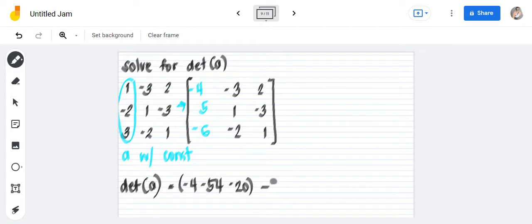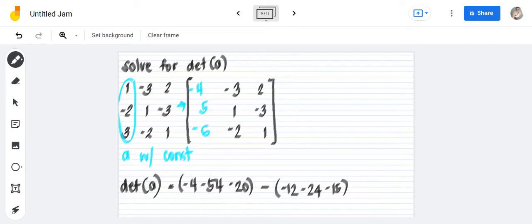So minus, upwards, we have negative 6 times 1 times 2, negative 12, negative 2, negative 3, negative 4 is 24, and 5, negative 3, 1 is negative 15.